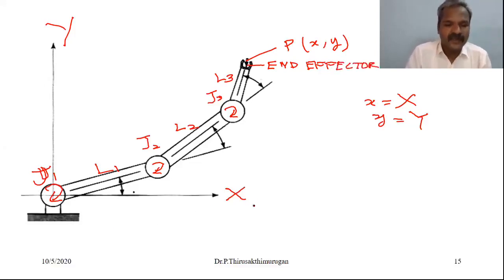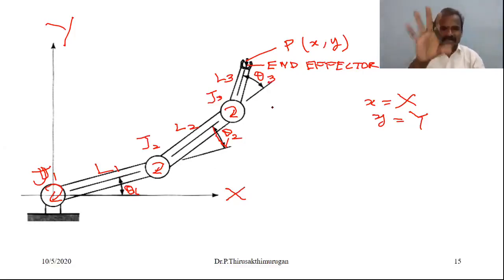So what is our aim in forward kinematics? We have to find the values of x and y from the given parameters. The first joint has an angle of θ1, the second joint has θ2, and the third joint has an angle of θ3. The three joints are fixed.